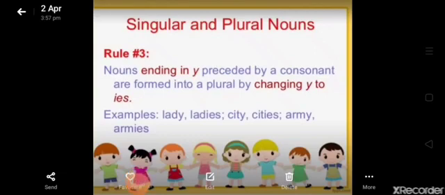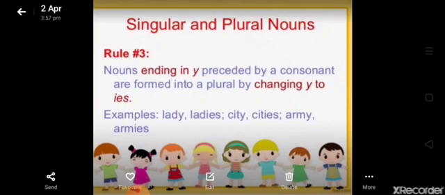Now rule number 3 to make singular into plural nouns. Nouns ending in y preceded by a consonant are formed into a plural by changing y to ies. Whenever the noun ends with y, we write ies, but a consonant should be there in front of y.